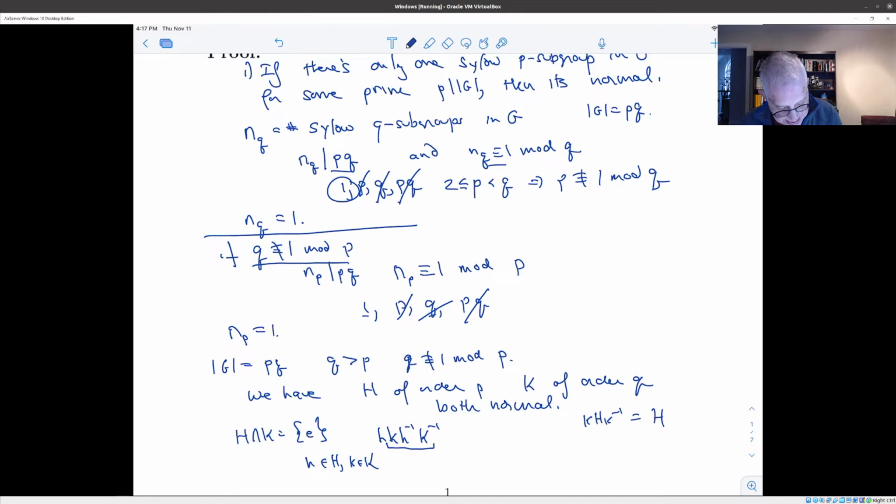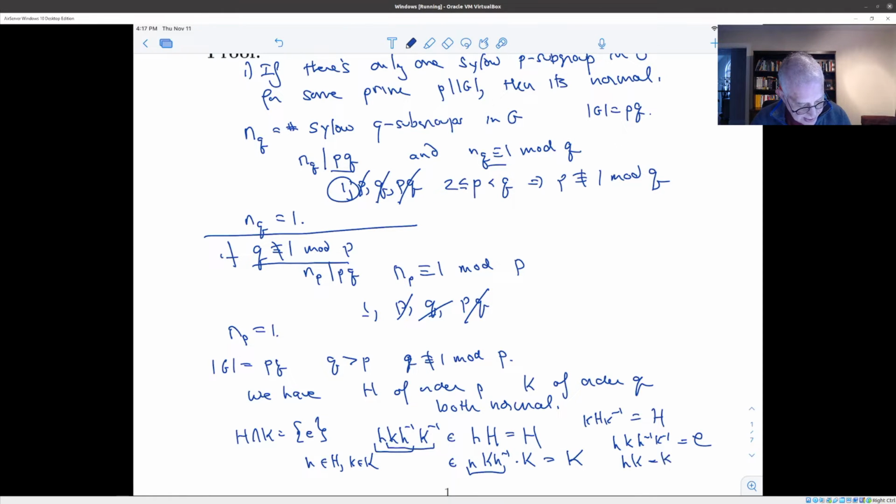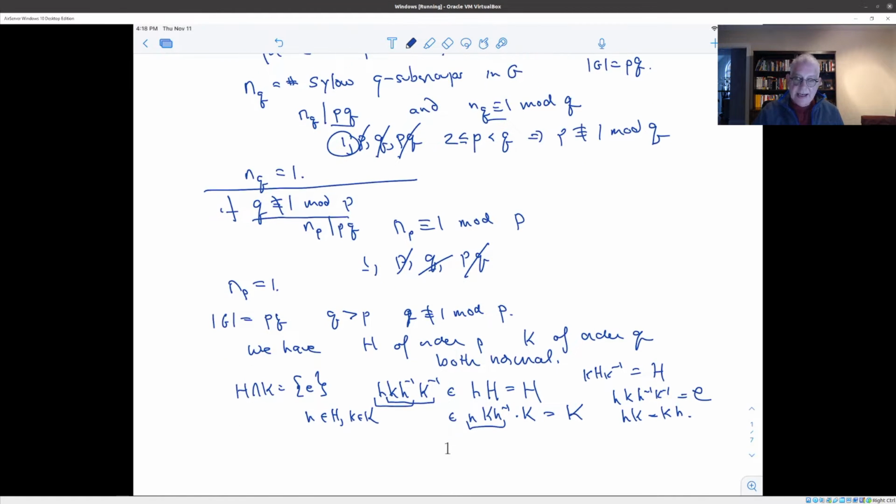So this is in H times H, which is H. On the other hand, we can group things this way: h k h inverse is in K, times k inverse, which is in K again. So h k h inverse k inverse is in H intersect K and therefore must be the identity. That means h k h inverse k inverse equals e, or hk equals kh. So the groups H and K commute with one another and their intersection is the identity.